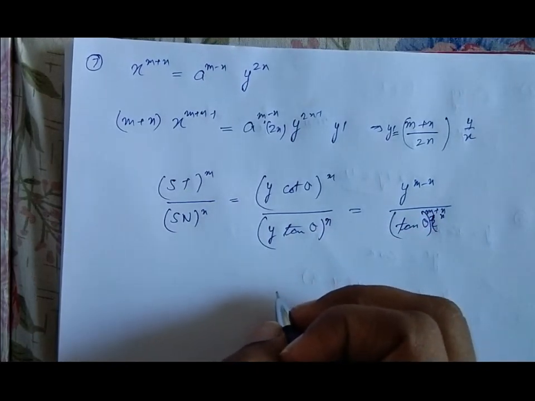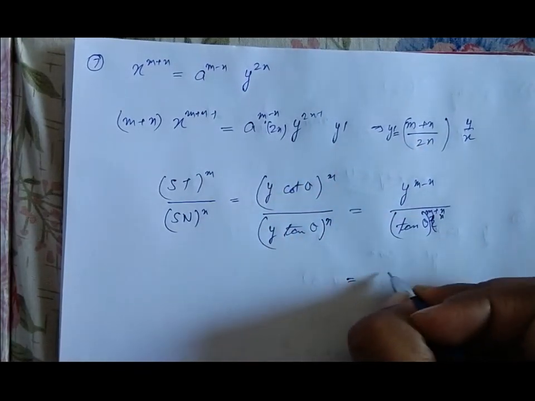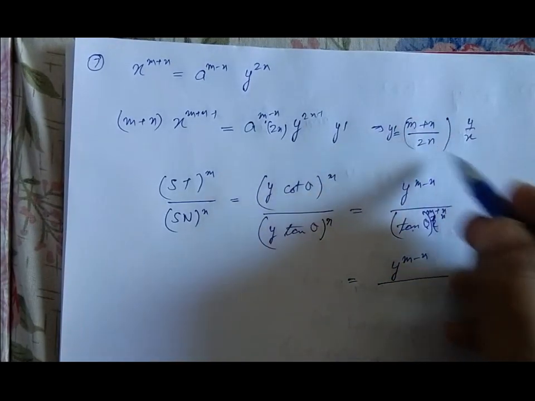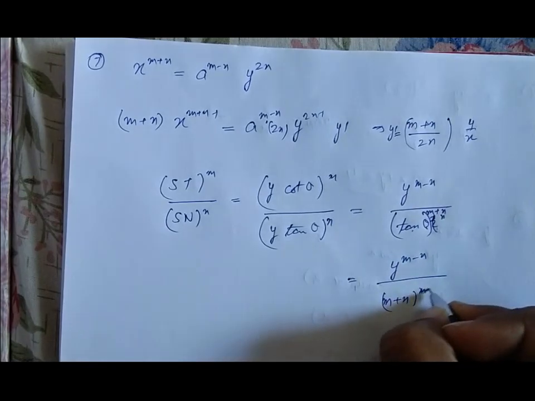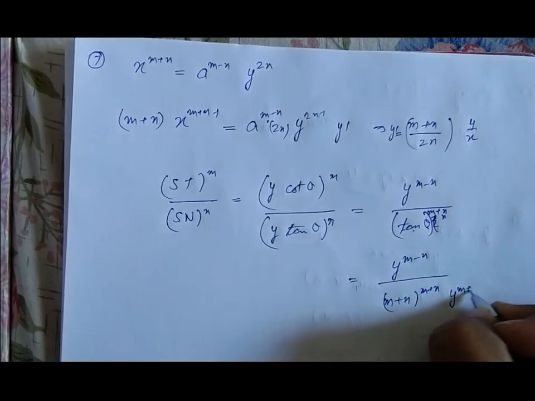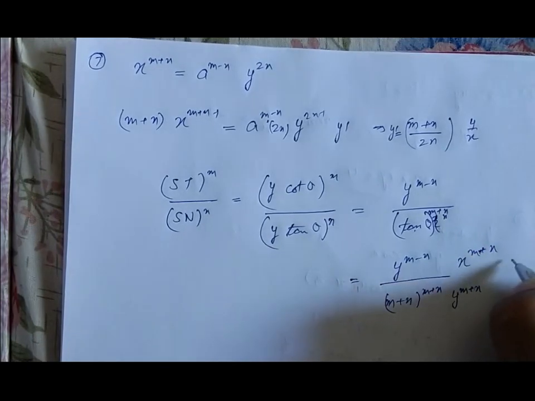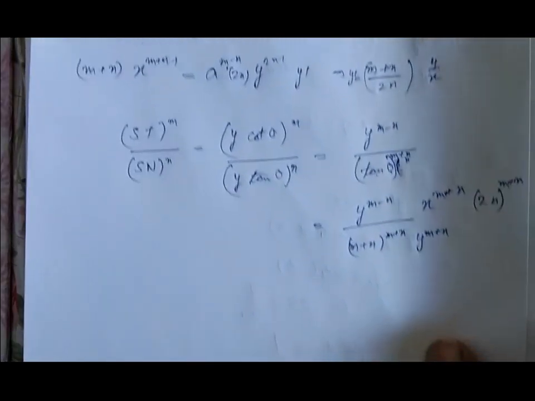Now we have already calculated tan theta, which is y dash, y power m minus n upon tan theta to the power m plus n.